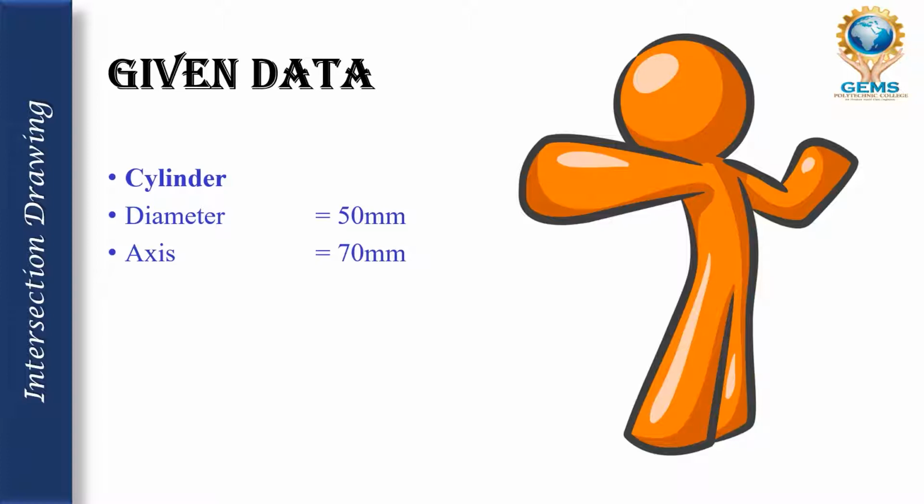Next we draw the square prism, the second shape. Each side of a square is equal, so each side is 25 mm, and the axis length is 70 mm. Now let us go to the 3D shapes.